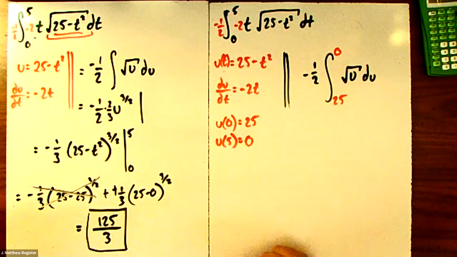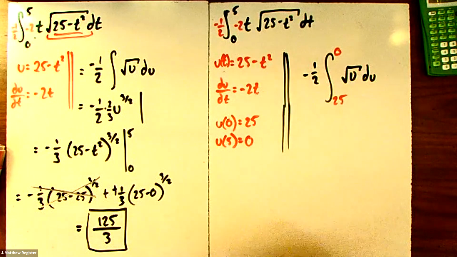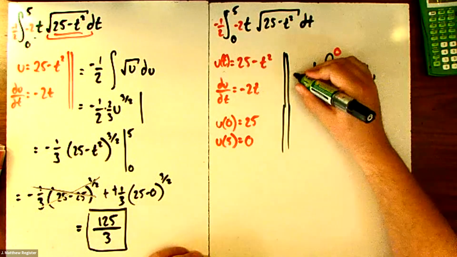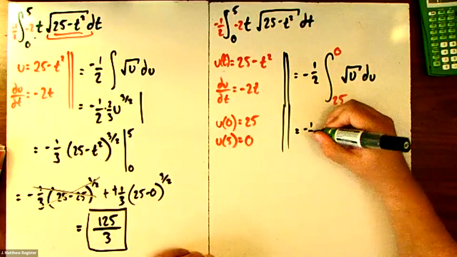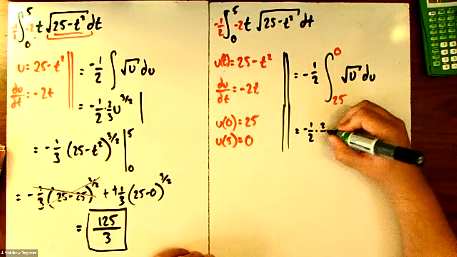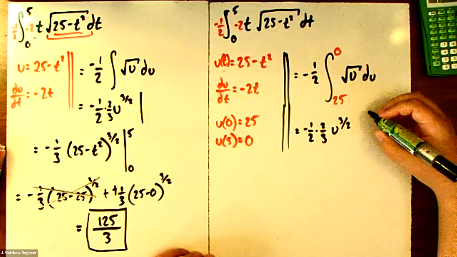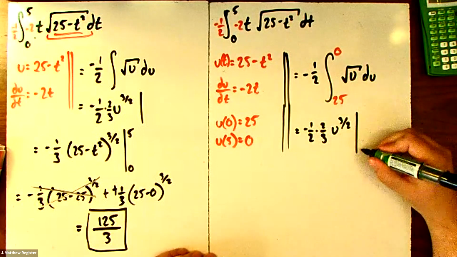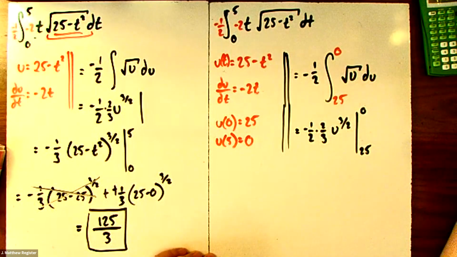And now we don't have to turn it back into t's. So we can just continue with this integral. And so we would get that this is now equal to the negative 1/2 times 2/3 u to the 3/2. But now we actually know what we're evaluating it at. It'll be going from 25 to 0.